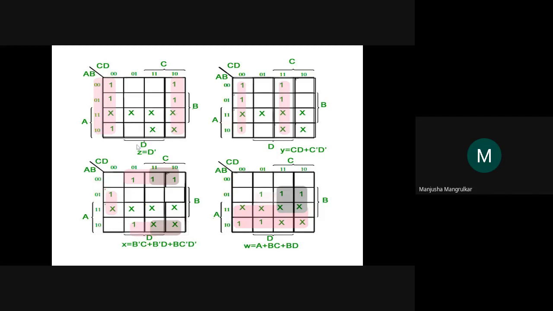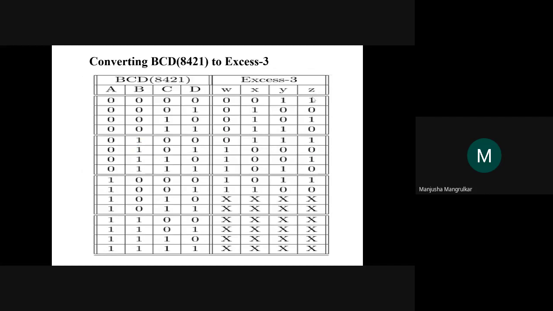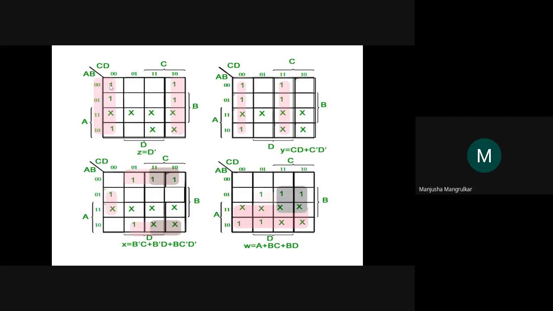Now in A, if we are taking Z, so 10, 10, 10, 10, and don't care. So this is 10, 10, 10, 10, don't care. So this will combine the 8, this direction and this direction, right?